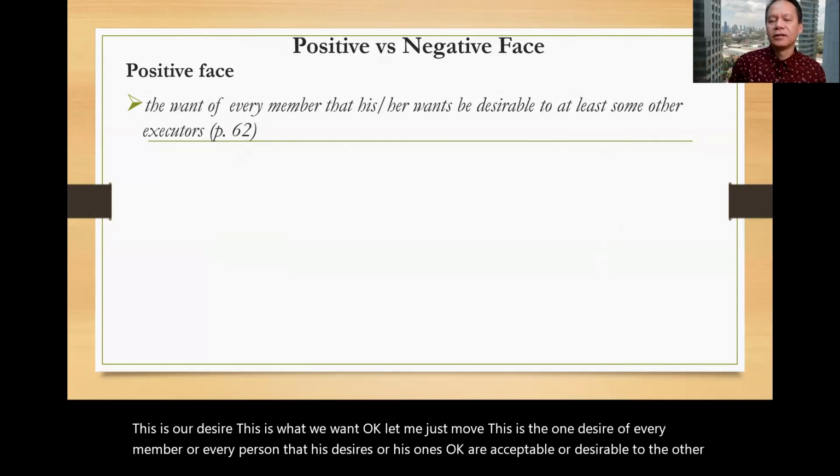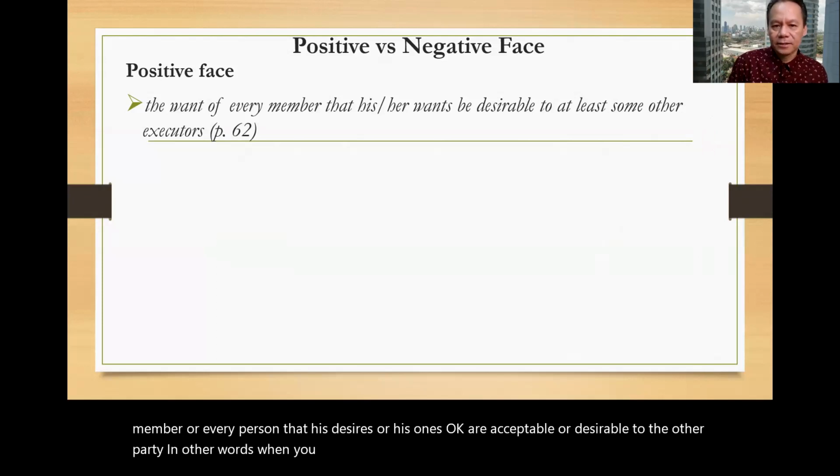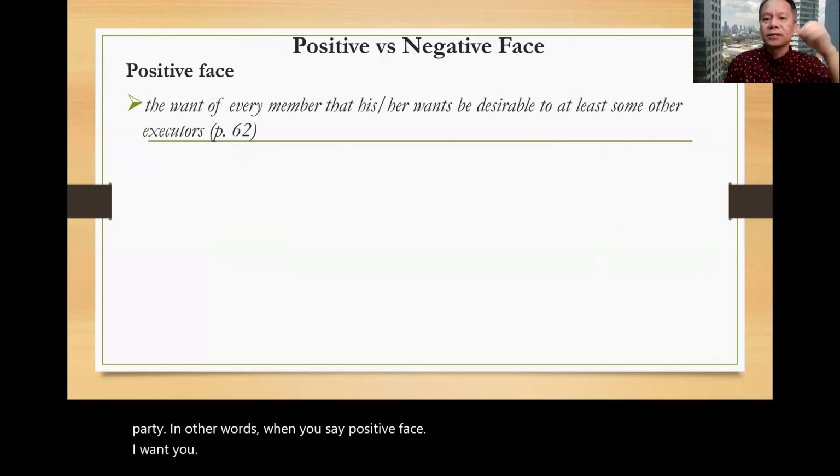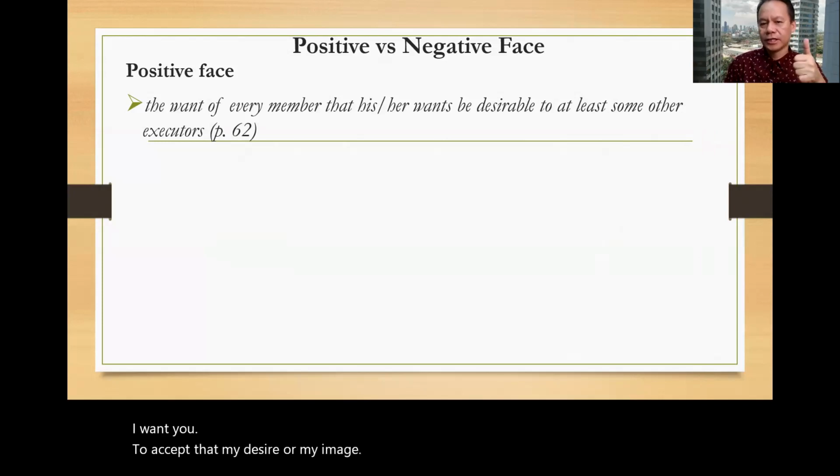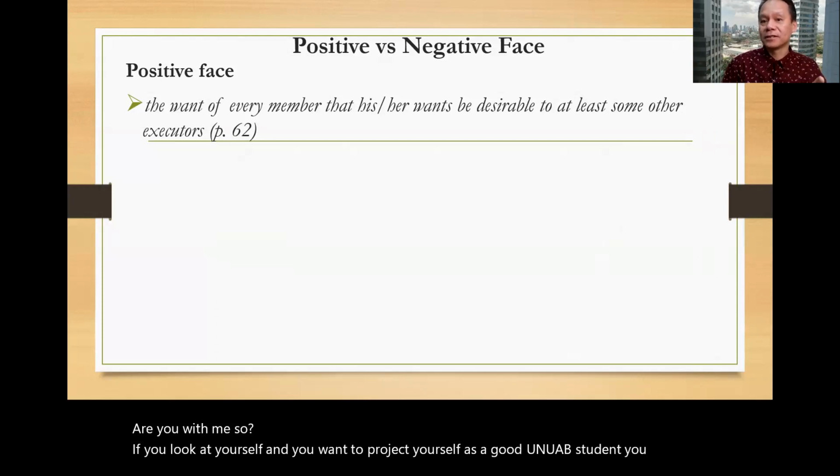In other words, when you say positive face, I want you to accept that my desire or my image is good. Are you with me? So if you look at yourself and you want to project yourself as a good UANP student, that is your positive face, okay?